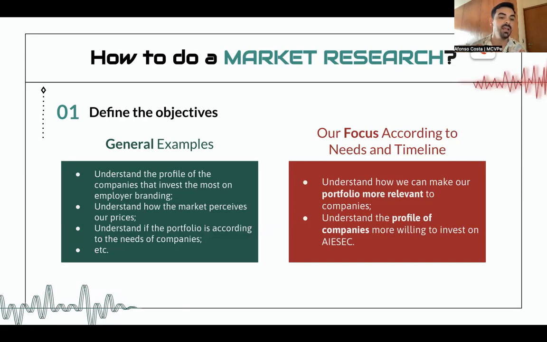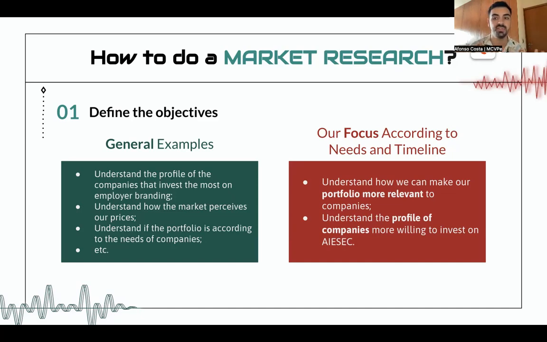It might be to understand the profile of the companies that are investing the most in employer branding. You may also want to understand how the market perceives our prices. Also, you may want to understand if the portfolio we are currently running is according to the needs of companies.